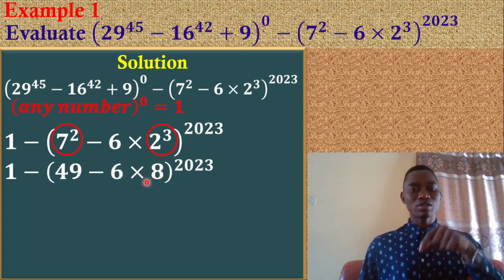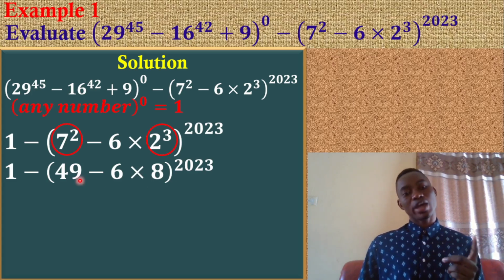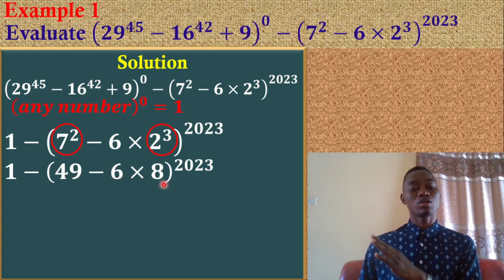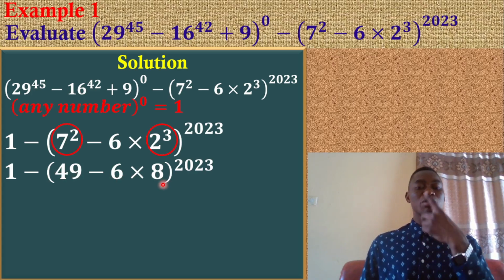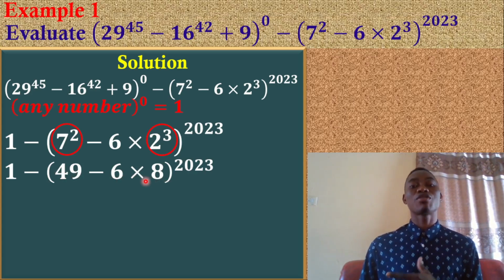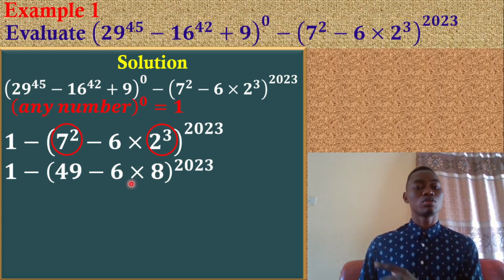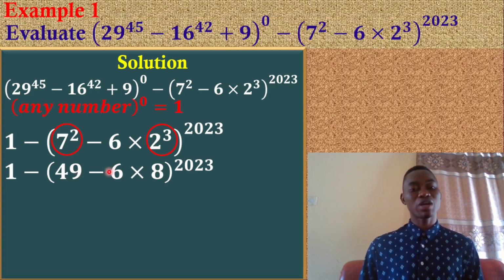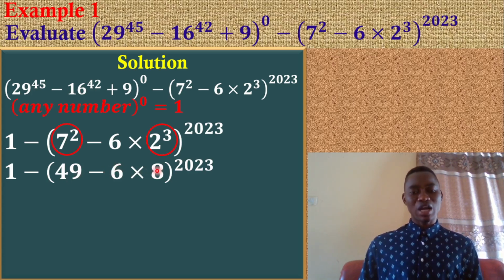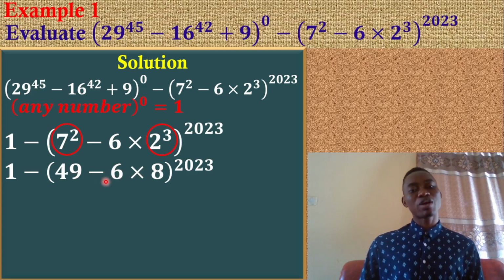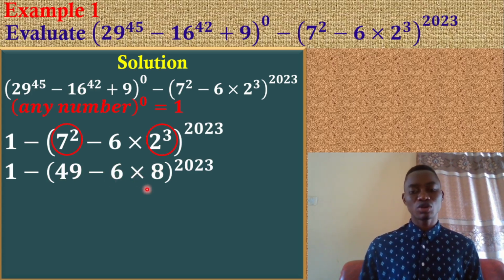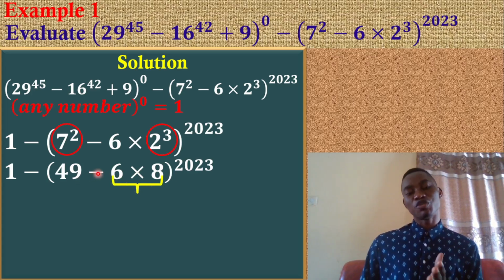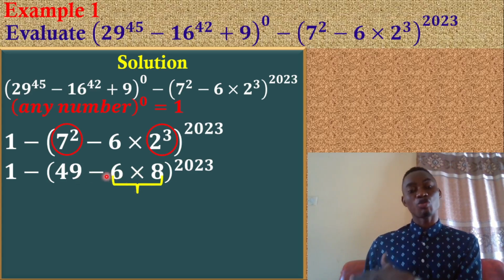Now we are still having expressions inside the bracket, so we are not done with the bracket. So let's keep simplifying until we are finally done with the expressions inside the bracket. So we have 49 minus 6 times 8, and according to BODMAS, we should perform the multiplication operation before the subtraction operation.